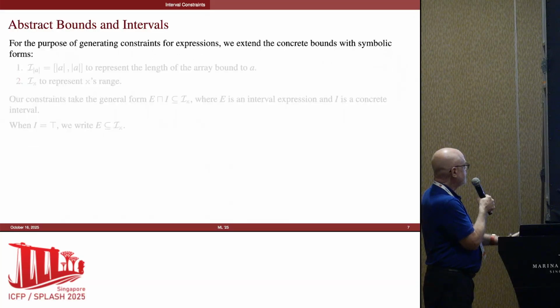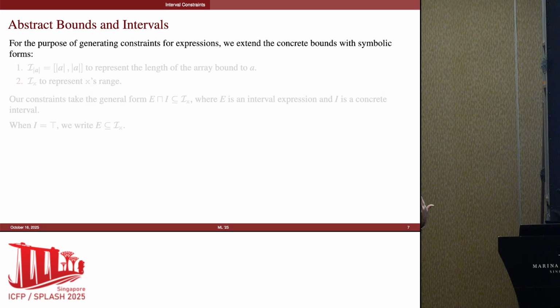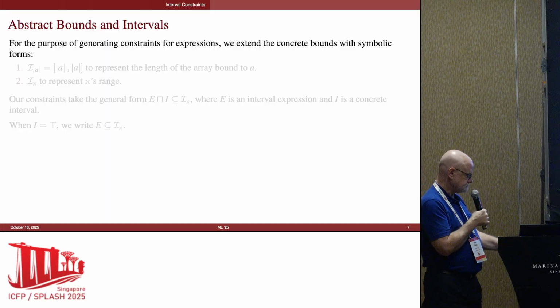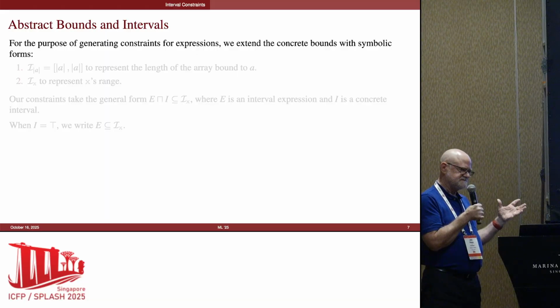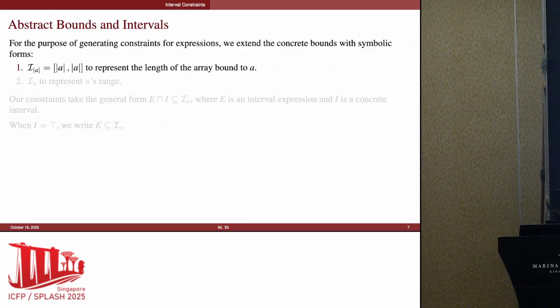And we need to add one more thing, which is abstract bounds. These are basically just symbolic representations of stuff that we care about, but we don't know. In particular, one of the things we care about a lot is the length of arrays.